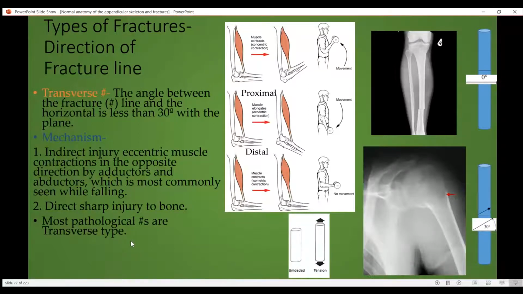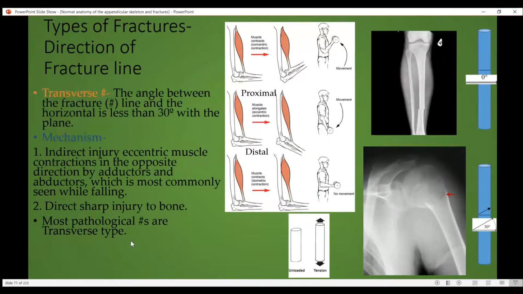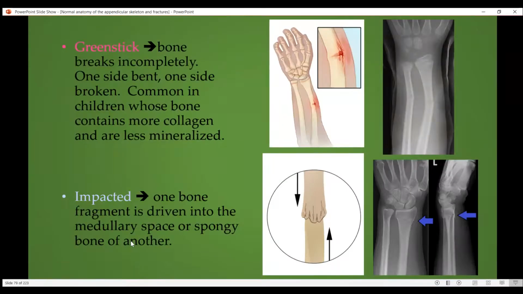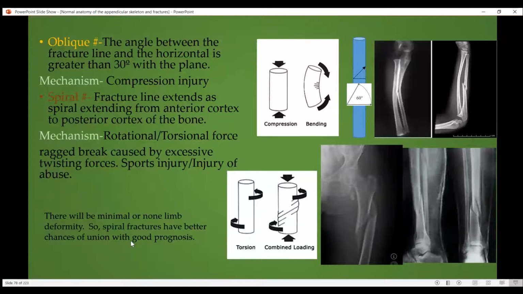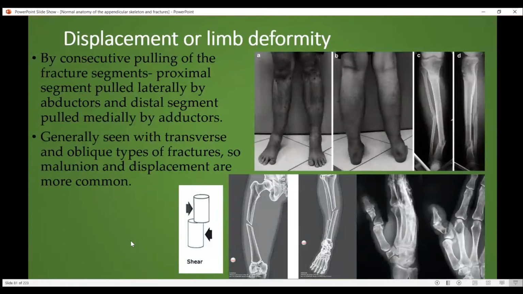Types of fractures depending on the direction of the fracture line are detailed in the practical slides, so you can give them a look if you did not understand them last time. So we have oblique fracture, transverse fracture, spiral fracture, greenstick fracture, impacted fracture, and the types of comminuted fracture, along with their displacement rules.